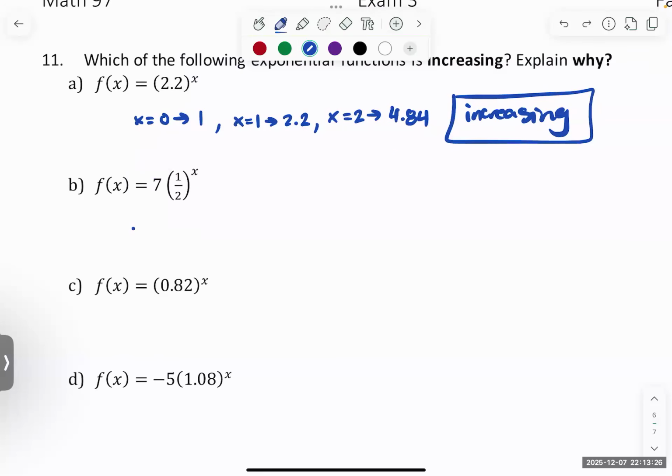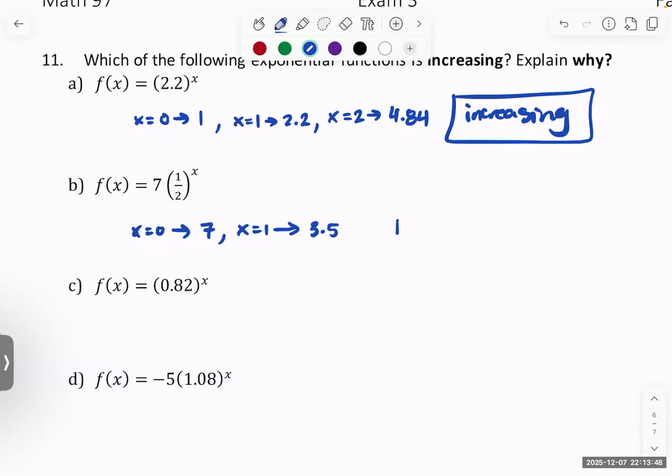Now let's try this one. If x equals 0, if I plug that in, that's 1 times 7. That's 7. Okay. Now if I plug in x equals 1, my y value is going to be 7 times a half, which is 3.5.